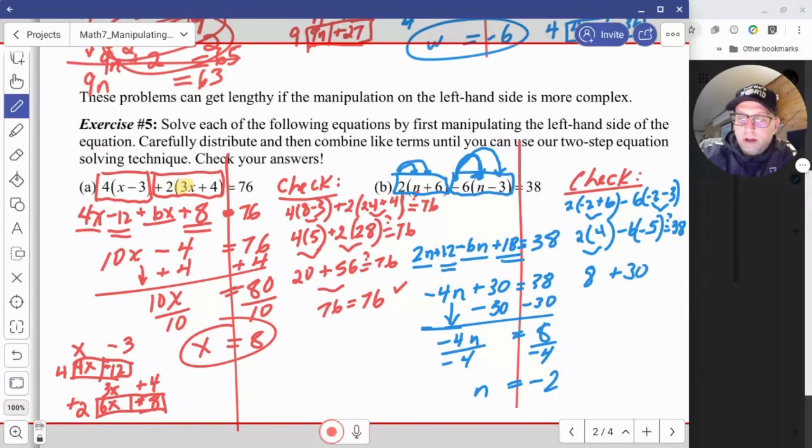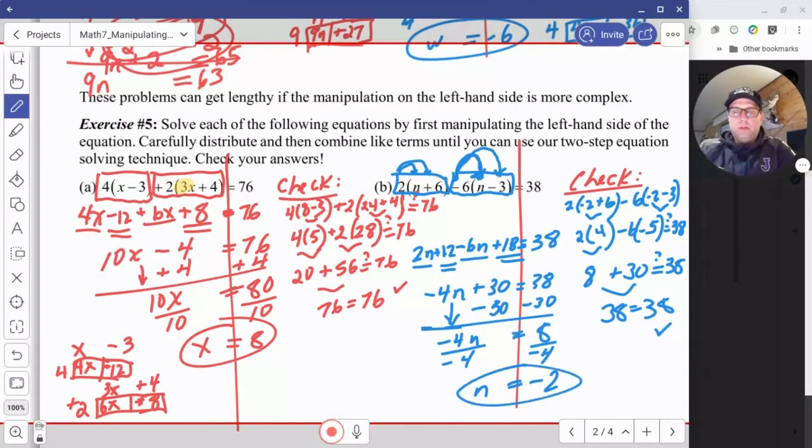Negative 6 times negative 5 is positive 30. Well, we're looking pretty good because 8 plus 30 is 38. And the check checks. So the K is a keep and not a kick. So it's a circle. And this stuff is so sick. This is like the sickest thing you will do as a 7th grade math student.